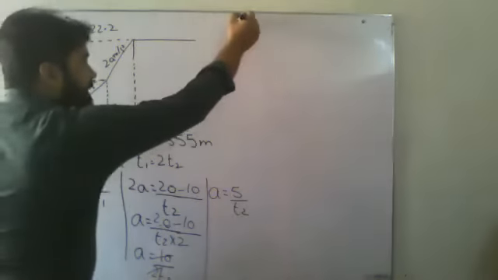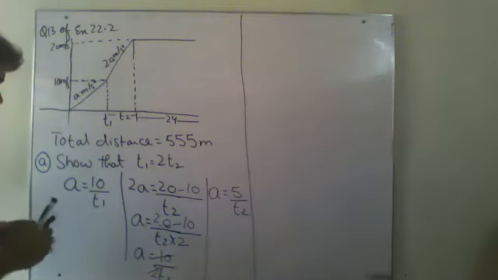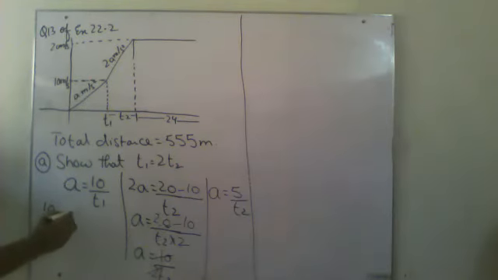When I compare both A's over here, what will happen? That will become 10 over T1 equals to 5 over T2, shifting it.